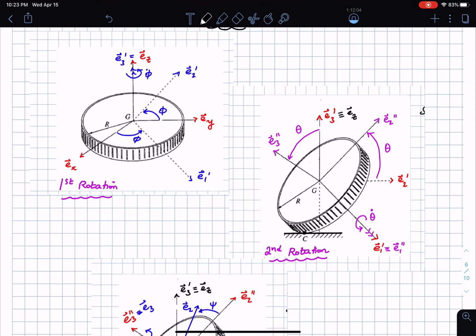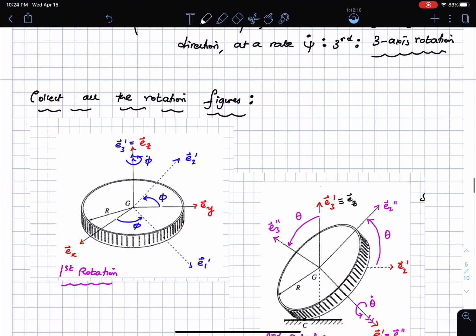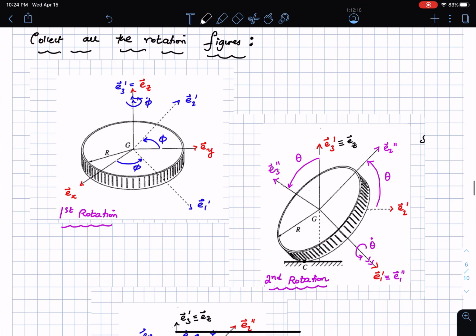This is exactly what I mean: if I set theta equal to 0, then phi dot and psi dot are in the same direction. So in this second rotation, if theta is equal to 0 degrees or pi or 180 degrees, that represents a geometric singularity.